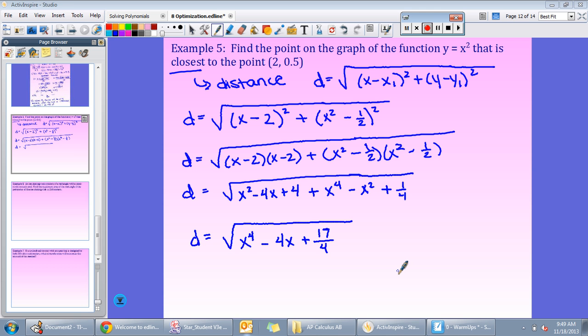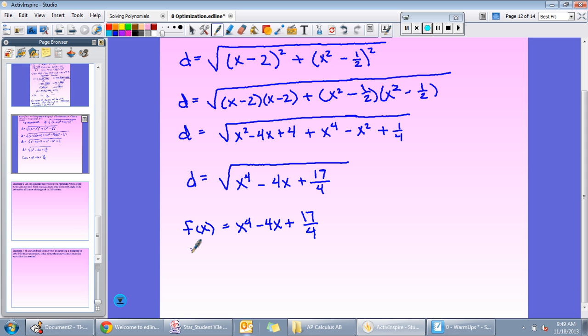Since you're looking for the smallest distance d, you really only need to look at the inside function, because if this is the smallest it can be, then the square root's the smallest it can be. So if we look at the function x to the 4th minus 4x plus 17/4, let's find the relative extrema of that.